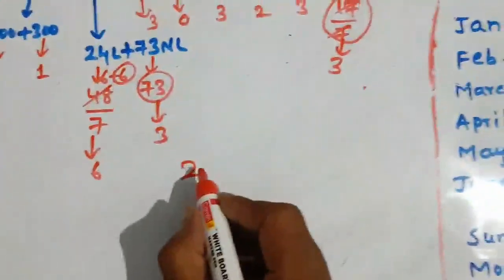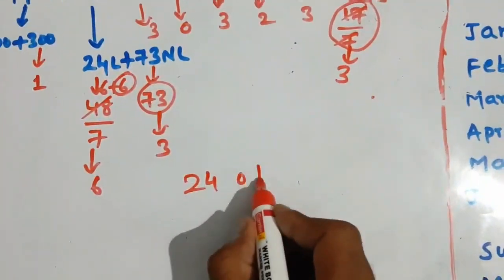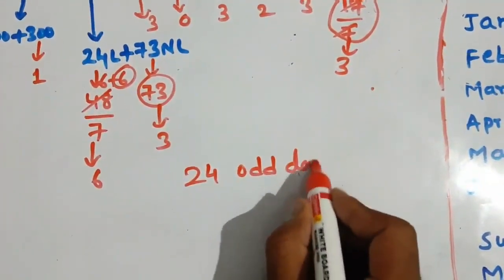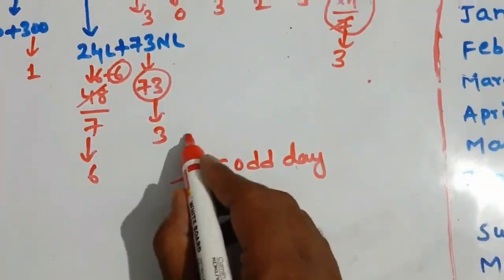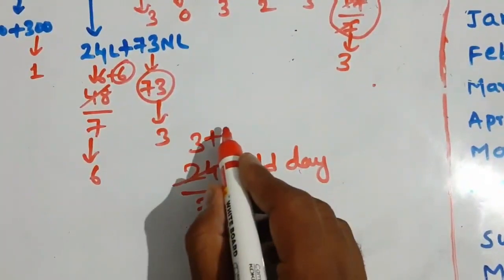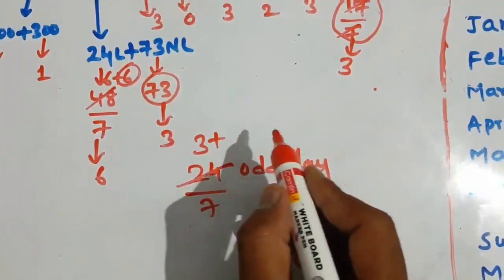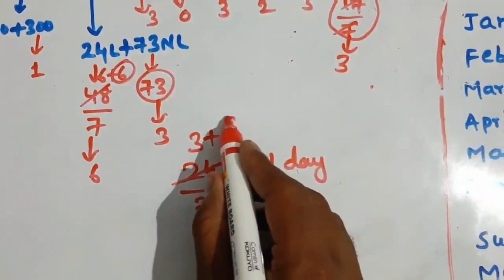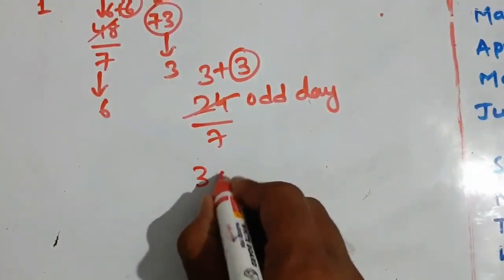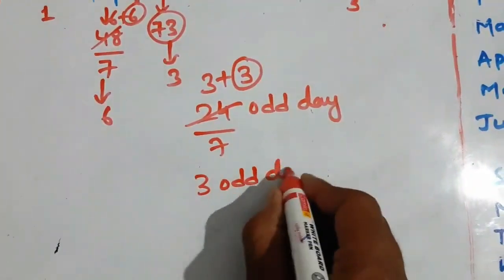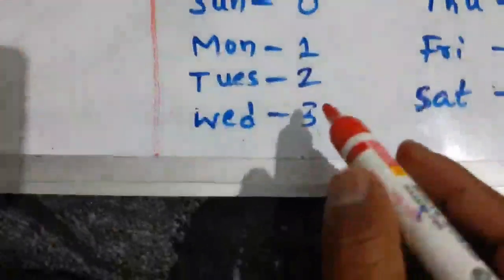Total 24 odd days. Again I have to divide by 7, so 7 3s are 21 and 3 is the remainder. So finally I got 3 odd days. 3 odd days means Wednesday.